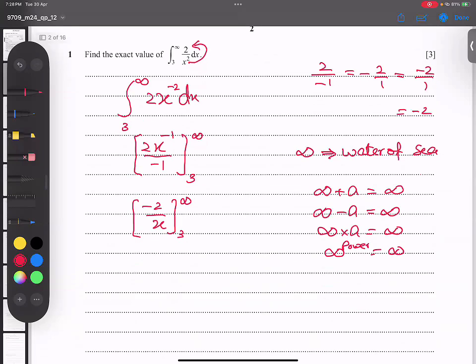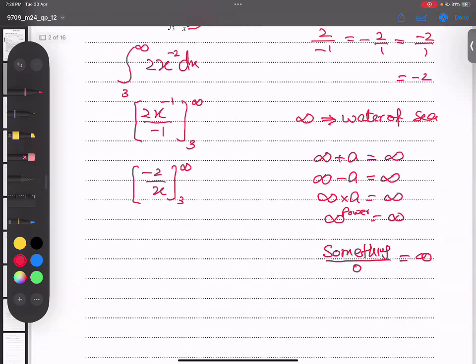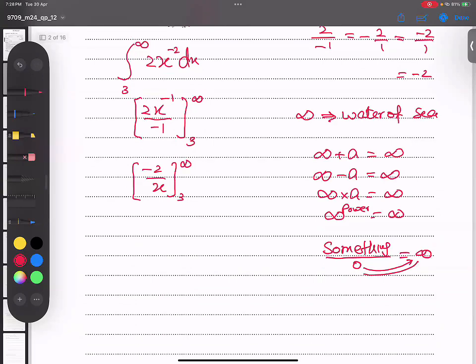But the important rule is what? Something over 0 gives you undefined. And if I change the places, something over infinity gives you 0. So this rule will help us to solve it.